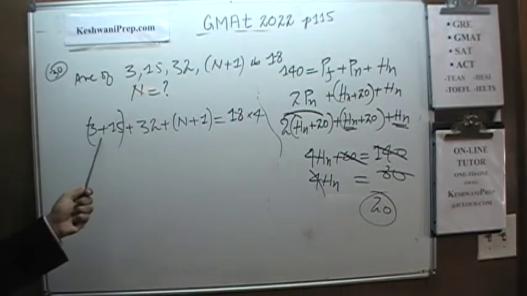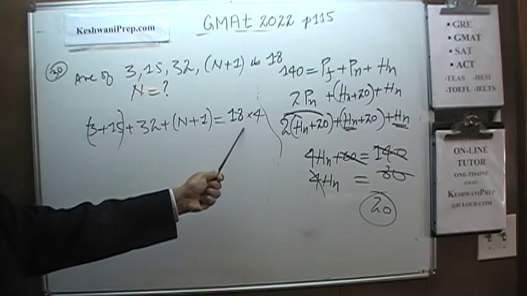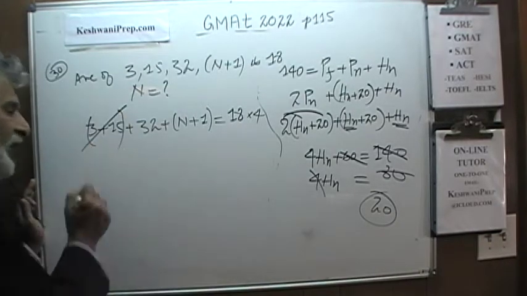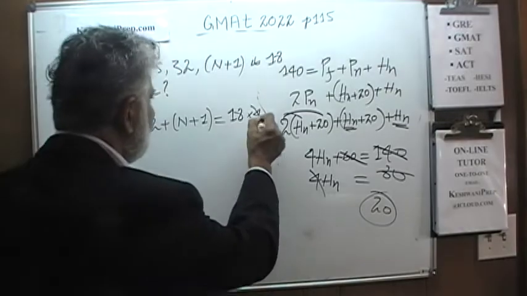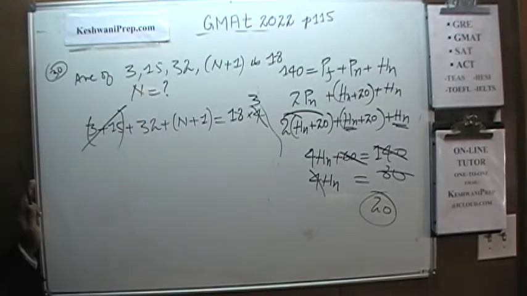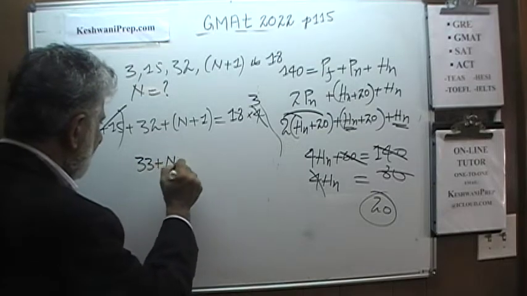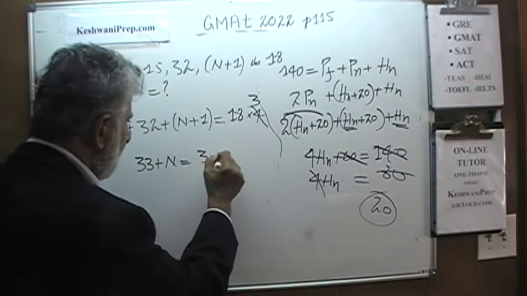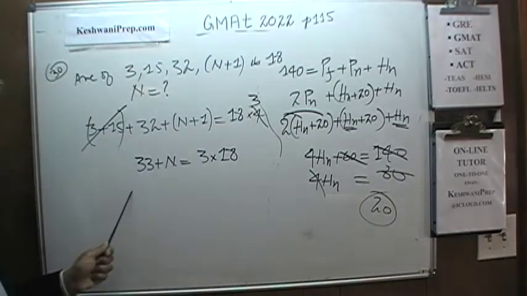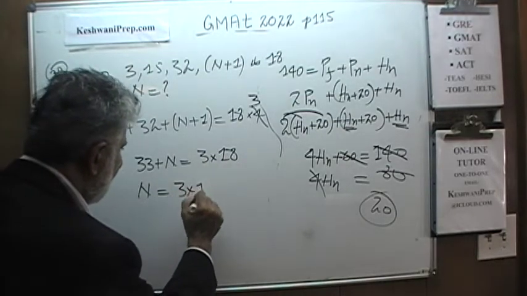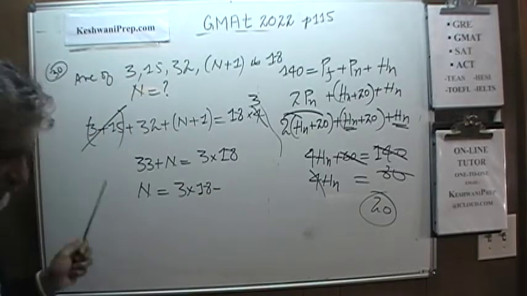Okay, so we have 4 18s here, and 1 18 here. Let's subtract 18 from both sides of the equation, now we have only 3 18s. 32 plus 1 is 33, so 33 plus n has to equal 3 times 18. Bring 33 to that side, so n is equal to 3 times 18 minus 33.